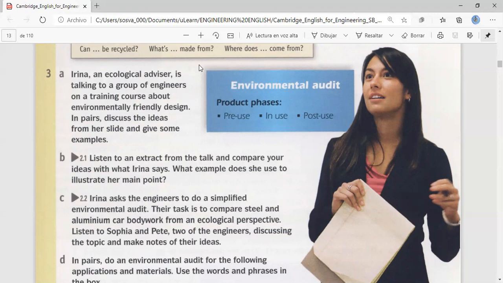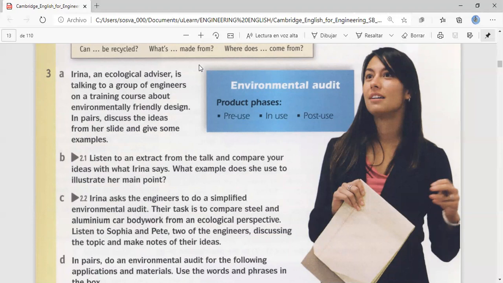Well, I think is that eco-friendly, when you talk about emissions or ideas to protect the environment? Yes.